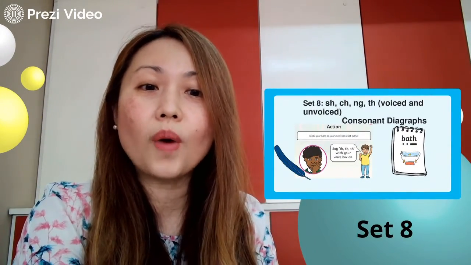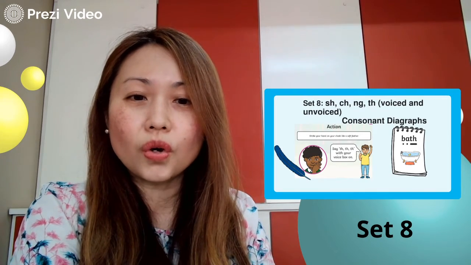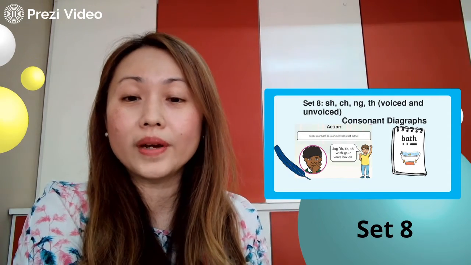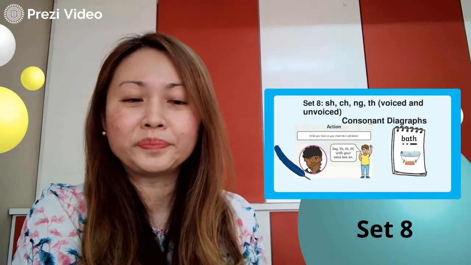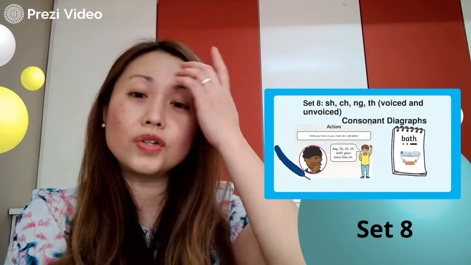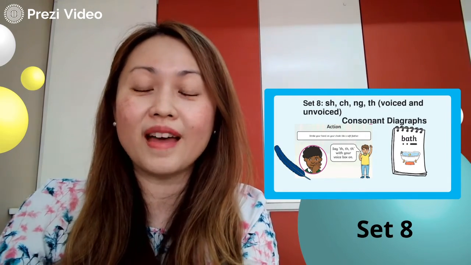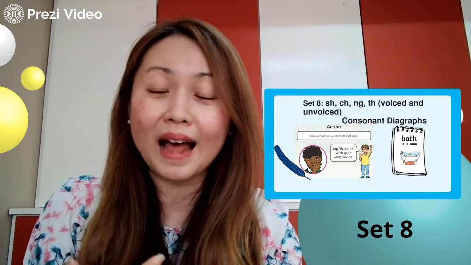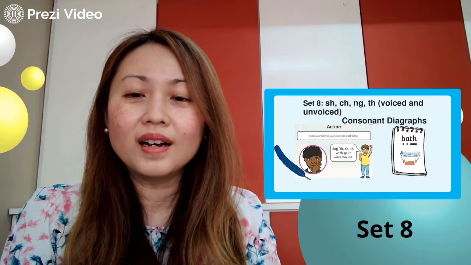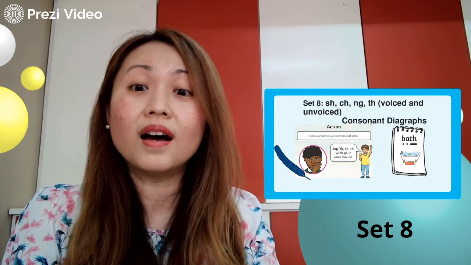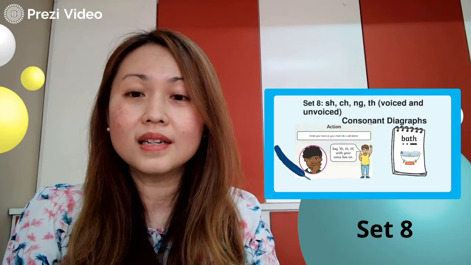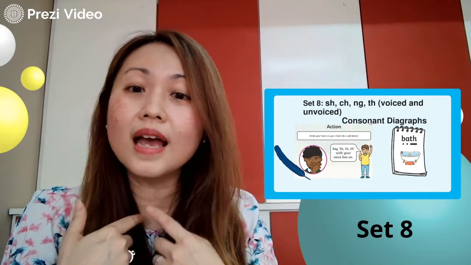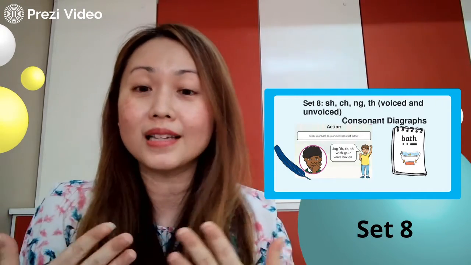Moving on to our consonant digraphs. We would have a combination of voiced and unvoiced digraphs in this set. Again, do not introduce these sounds without adding some fun elements to it. For example, a sound like th. A voiced sound is when you are producing sound from your vocal cords, and unvoiced is just air passing through.